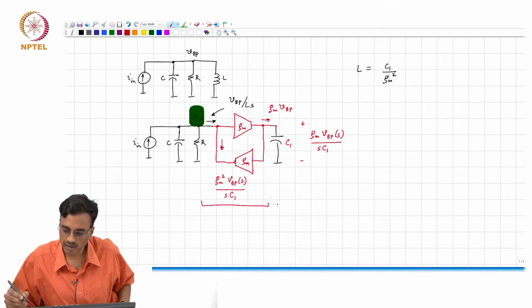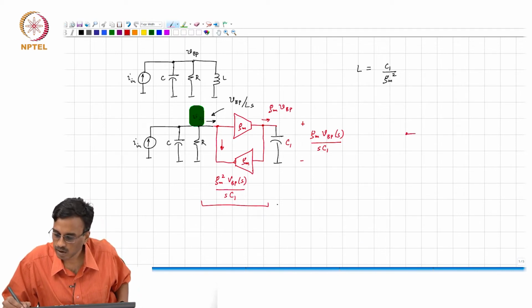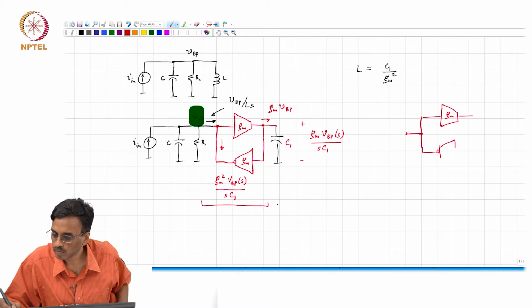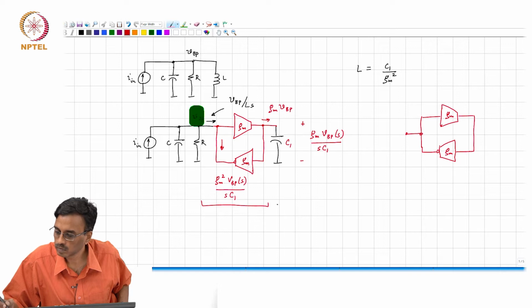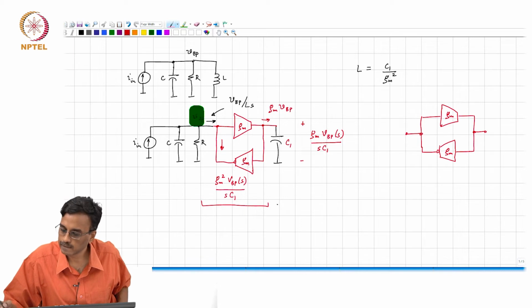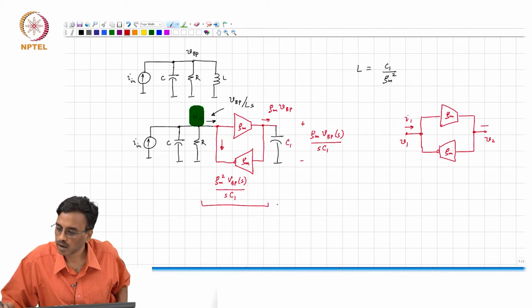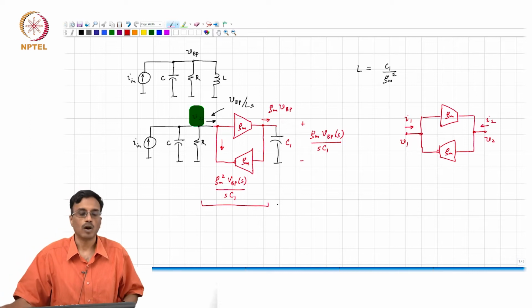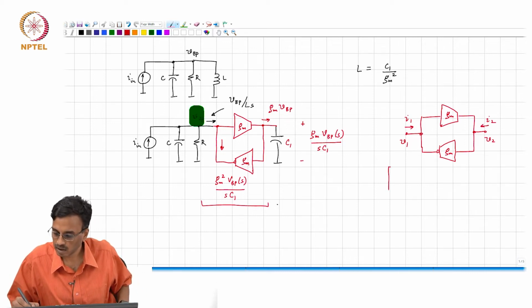And this element, this 2 port by itself, has got a special name. If you call this V1 and V2 and this is I1 and I2, how can we write the Y matrix of this guy?